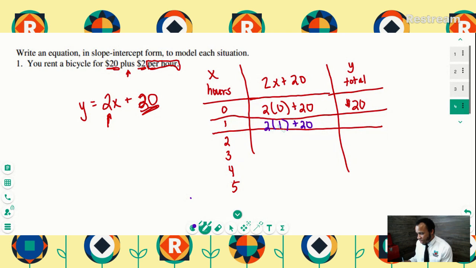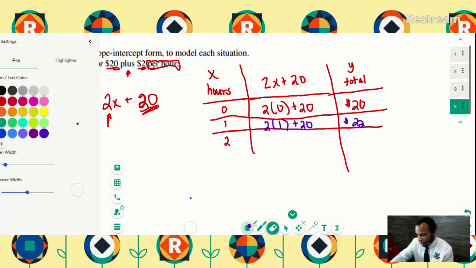So we have 2 times this 1 gives us 2. And 2 plus this 20 gives us 22. So that'll be $22. That's a pretty easy pattern to catch on to. So let's skip from, we'll try 2 and then we'll skip from there and try a bigger number.